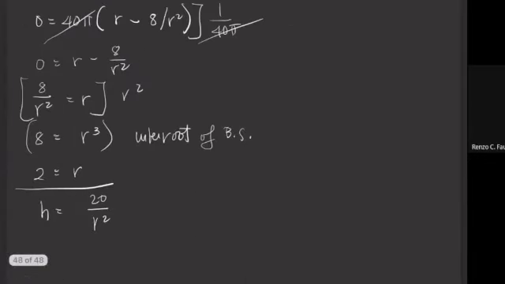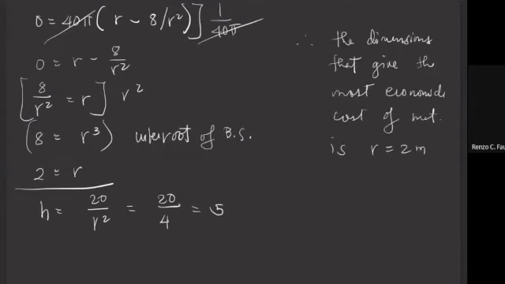We can compute for the h, 20 over 4, and that gives us 5. Therefore, our height is 5 meters, giving us a cost that is maximum.